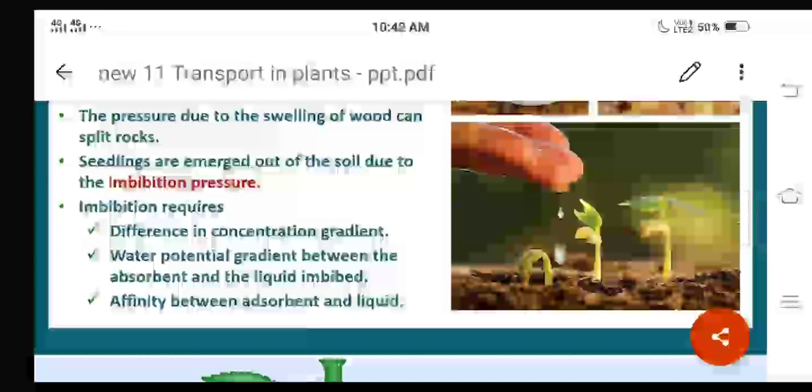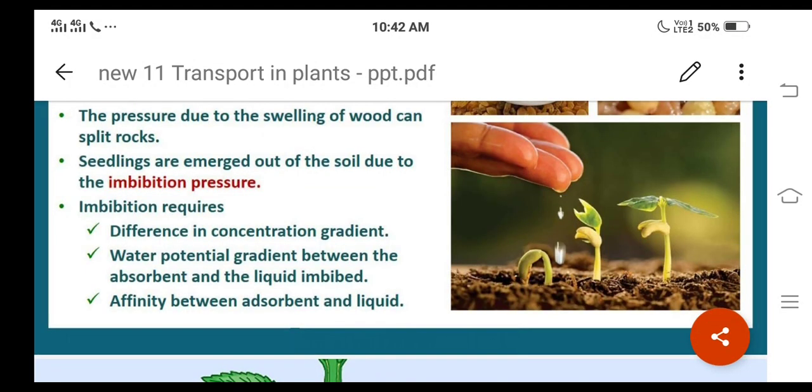And with regard to imbibition, some important terminologies are there, like imbibant and imbibate. Imbibant means the solid substances which take part in imbibition, say for example seeds, dry wood, etc. And the liquid part, usually water, which is imbibed, is known as imbibate.